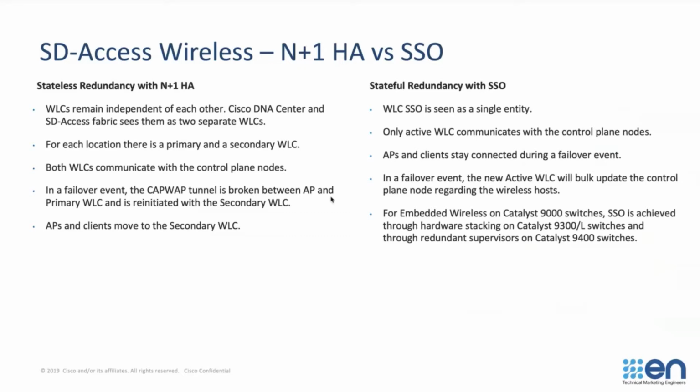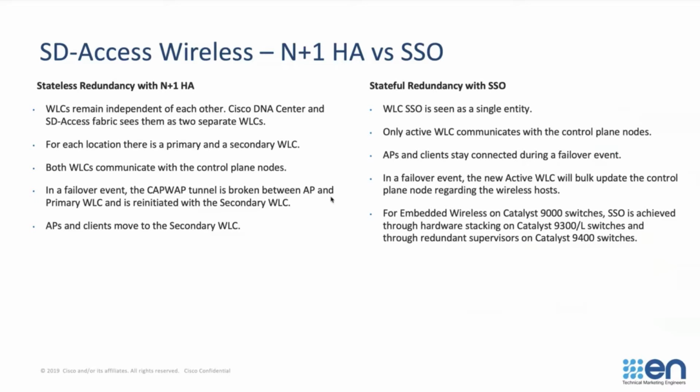With SSO mode, when the active WLC fails, since it is running as SSO, the new active will come back and do a bulk update to the control plane node regarding all the wireless hosts which are connecting to the fabric.